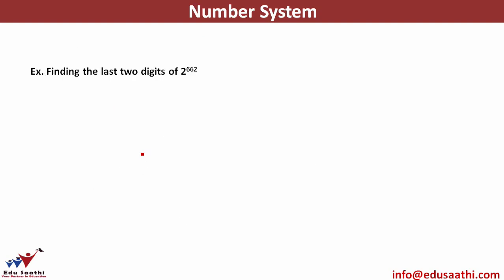Let's look at an example. Find the last two digits of 2 raised to power 662. So I will try to split it up into 2 raised to power 10 inside, which is 1024. I know the last two digits. Raised to power, I'll break this power 662 such that it is 10 into 66, which is 660, plus 2.